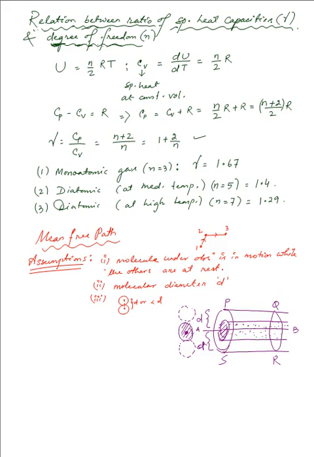As it moves forward, it can be said to have collided with all the molecules contained in that cylinder of a certain radius. Let us take the radius as d, because d is the diameter of the molecule that we are considering, and also d is the radius of the cylinder that we have taken.